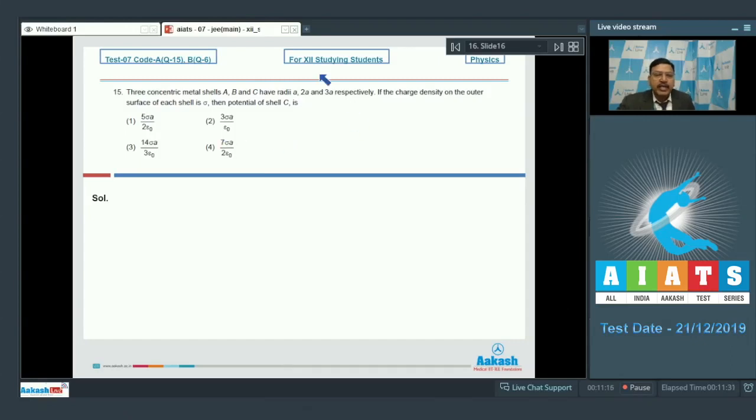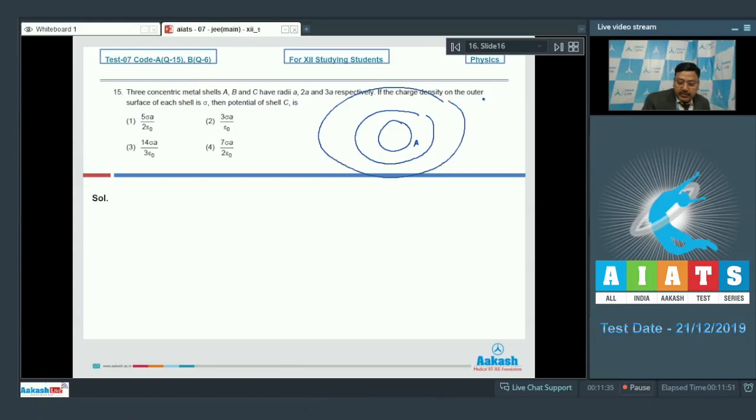What I do is, I draw the 3 concentric metal shells A, B and C first and take it from there. So, let's say this is shell A, then this is shell B, and let's say this is shell C.